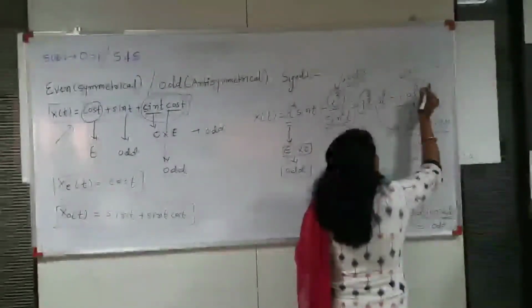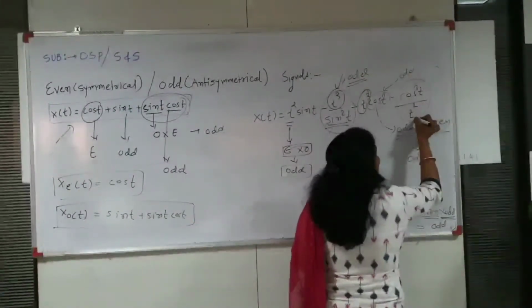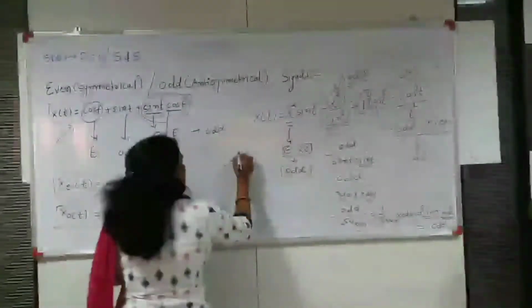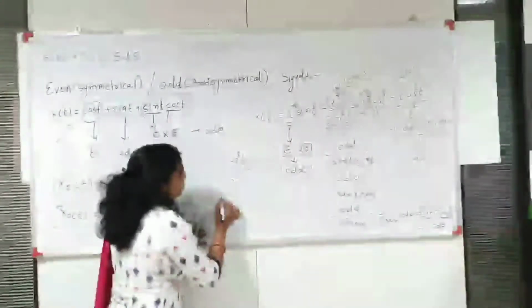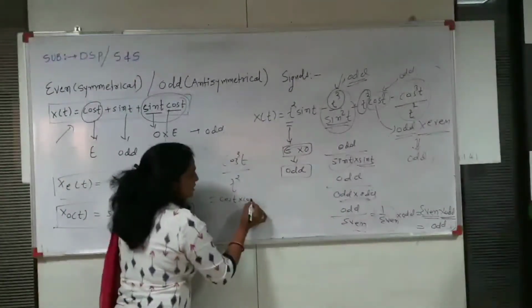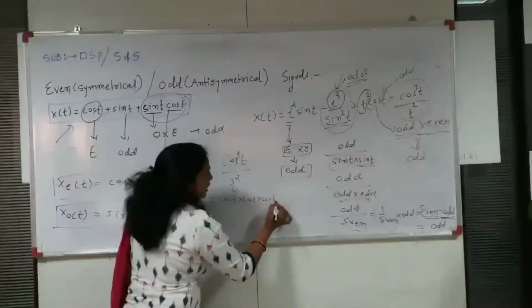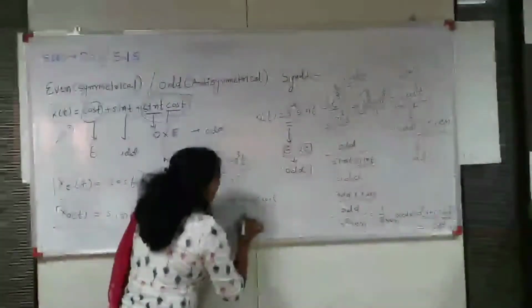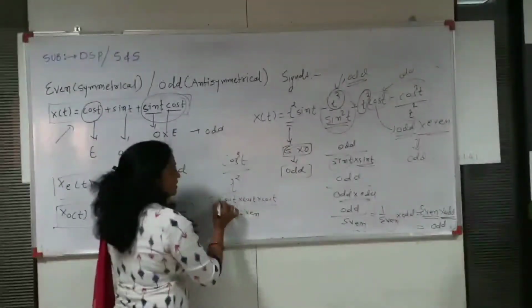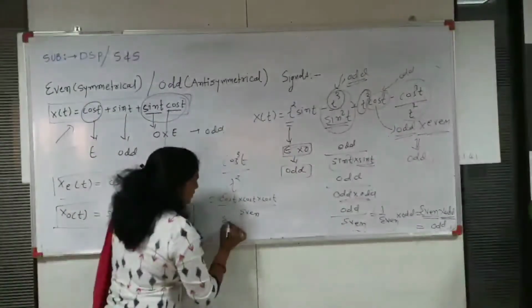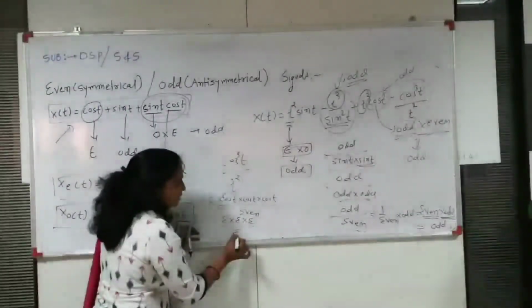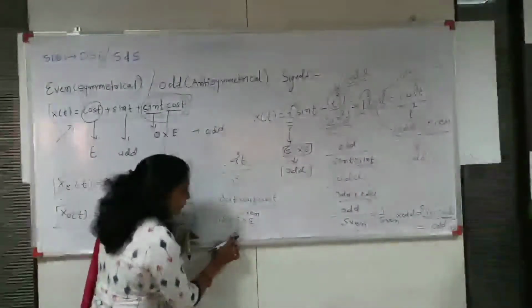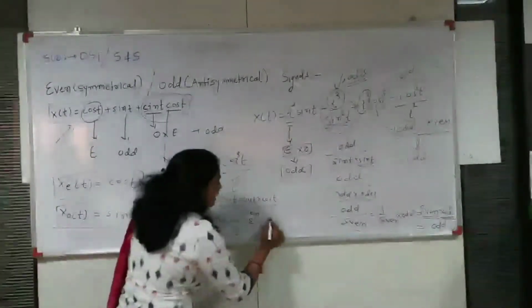Now let's take cos cube t upon t square. This cos cube t is nothing but cos t into cos t into cos t, and this is an even signal. So even into even into even upon even: again it's 1 upon even, so it's again an even signal.